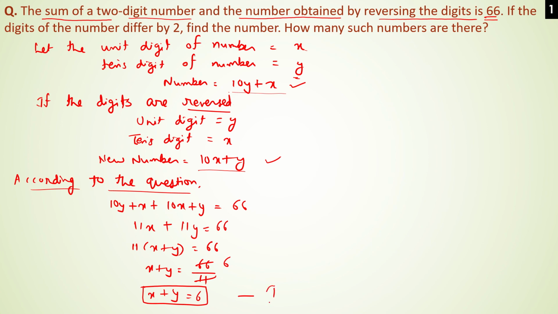This is the first equation. Further, the problem says the digits of the number differ by 2, that means the difference of x and y is 2.